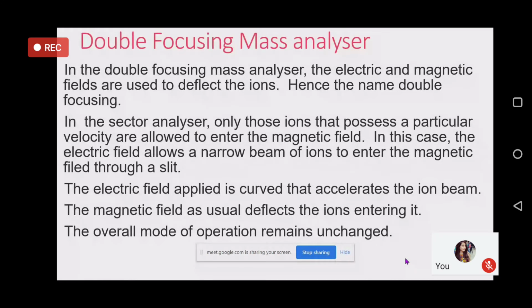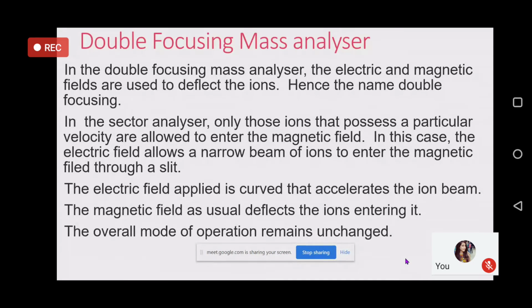And this is the situation when the beam of ions produced is brought into the field so that each particle in the beam has got a previous velocity when it is brought into the electric field, and therefore particles with the same M by Z value may not possess the same velocity, and therefore their focusing with respect to velocity is necessary.